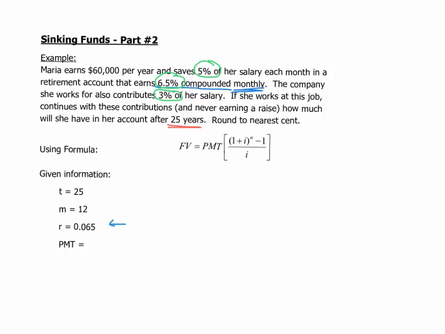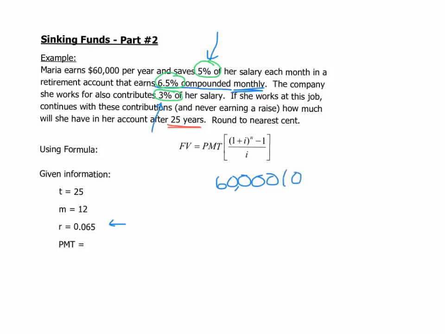We need to figure out how much she's putting into the account each month. So that's the first thing that we're going to do. Her annual salary is $60,000. She's not contributing all $60,000 because then she wouldn't have anything to live on. She's contributing 5% of that each month, and her employer is contributing 3%.